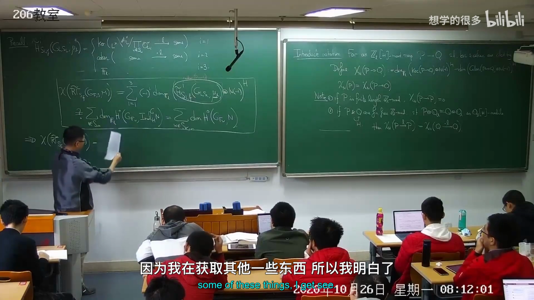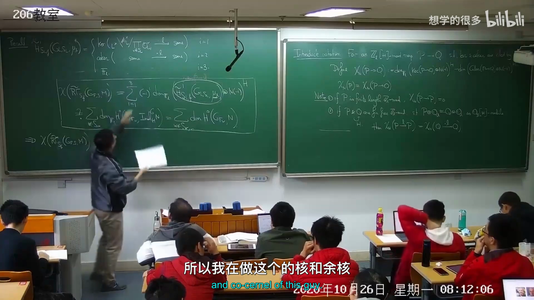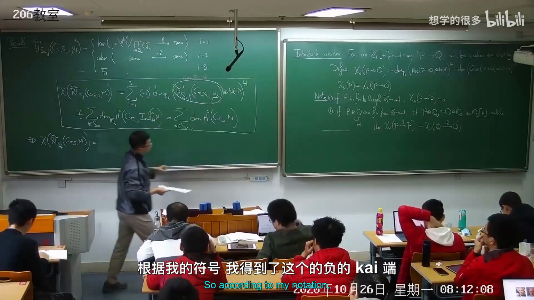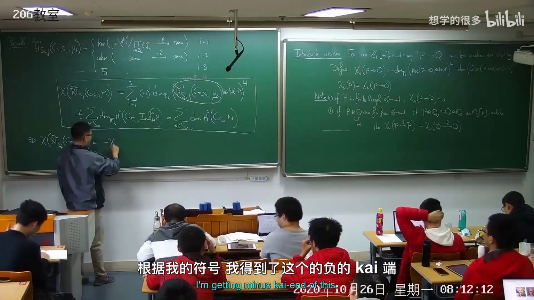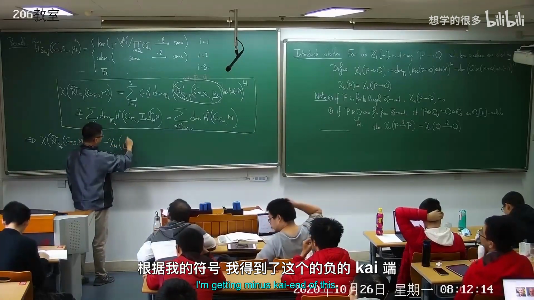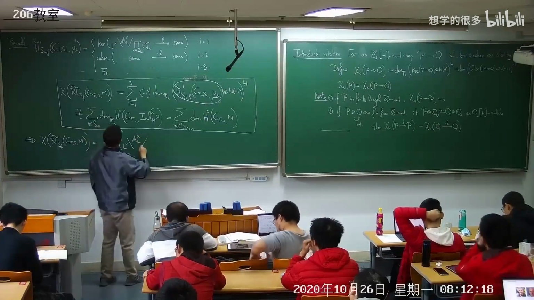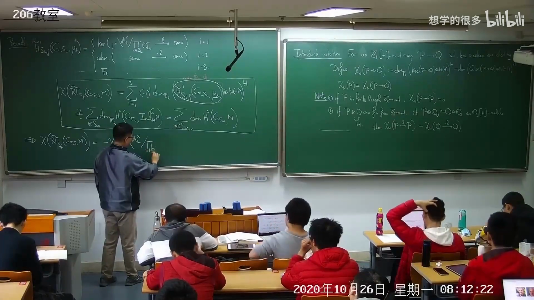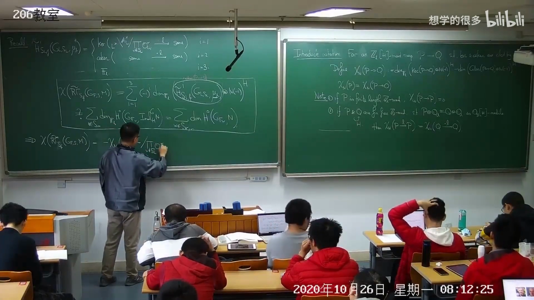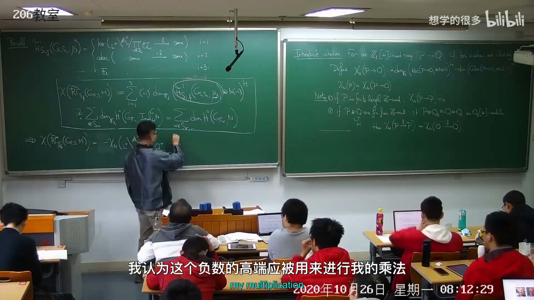So I'm taking the kernel and co-kernel of this guy. According to my notation, I'm getting minus chi n of this, multiplication by L to the same thing.